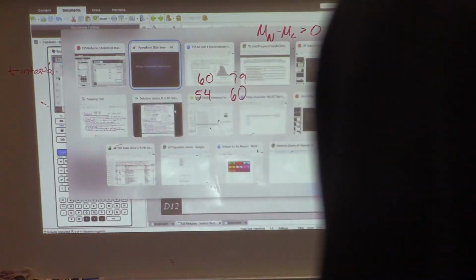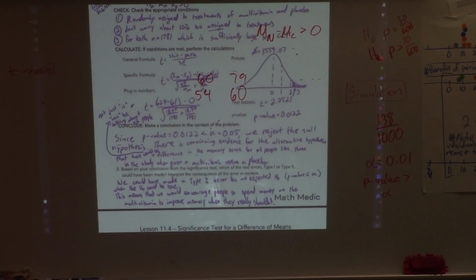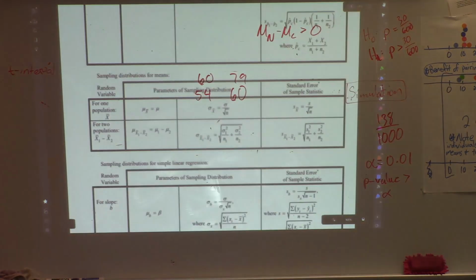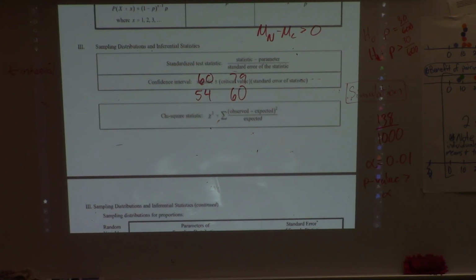Get out your formula sheets. So start at the beginning. What do I need? X bar 1. So I need a statistic, minus a parameter, plus or minus a critical value times standard error.